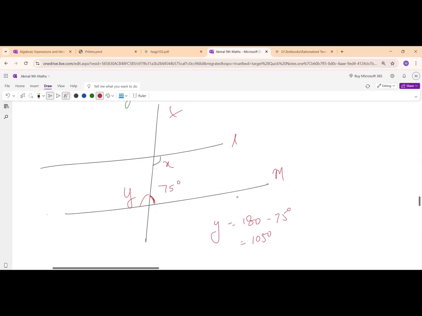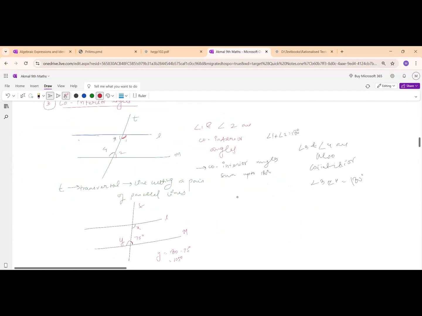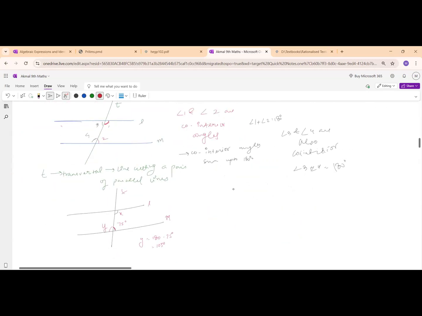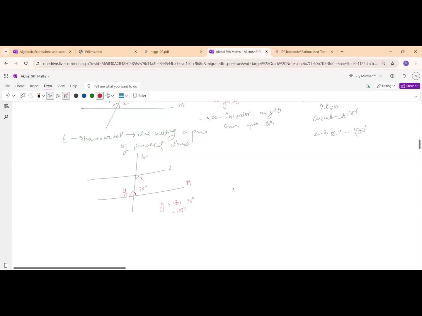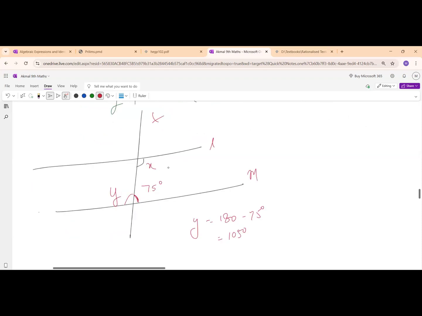But say, why would x be 75? Are co-interior angles equal or is their sum 180? So x would also be 180 minus 75, right? Because their sum is 180. X plus 75 is equal to 180, so x is equal to 180 minus 75, that is 105. Got it, Akmal? Yes, sir.